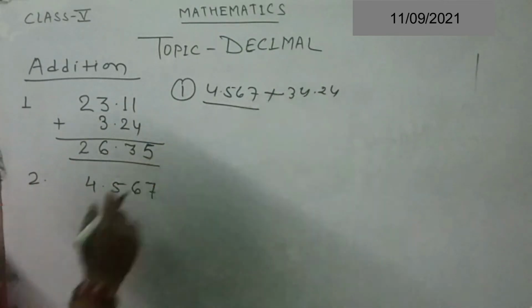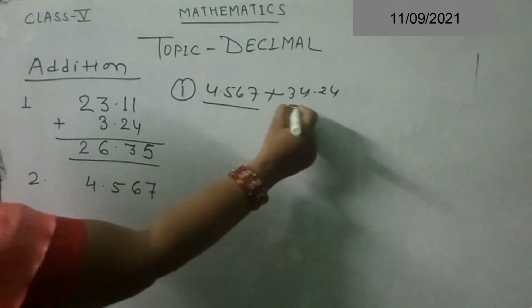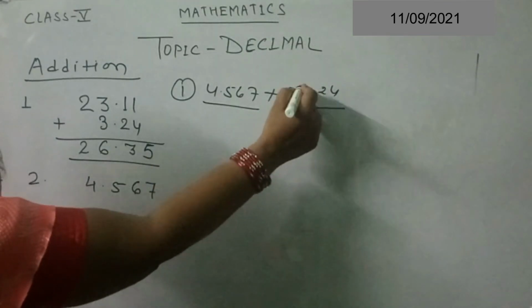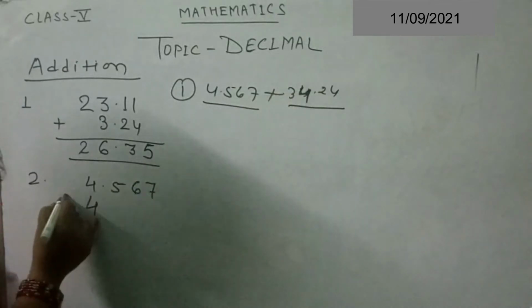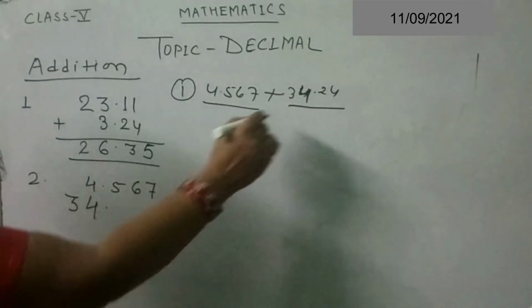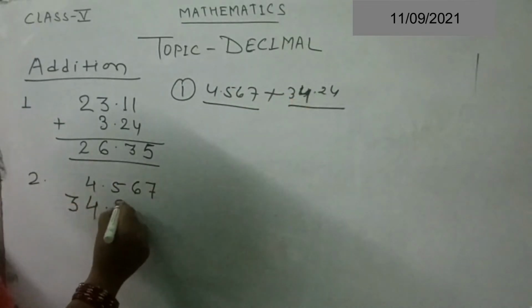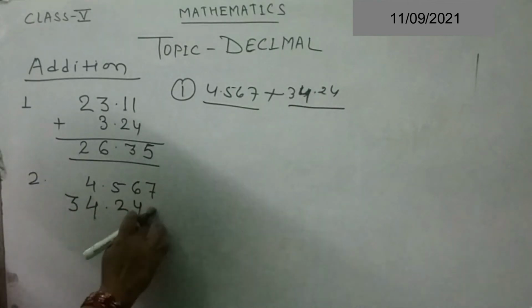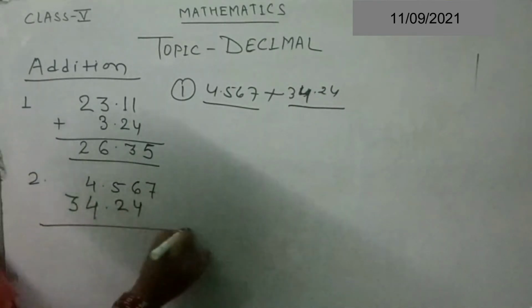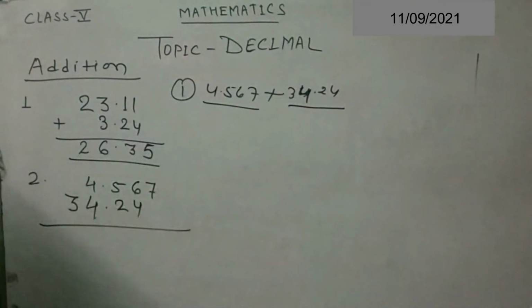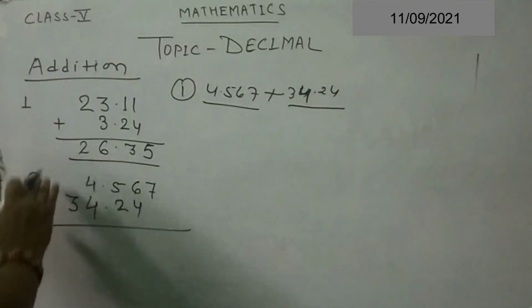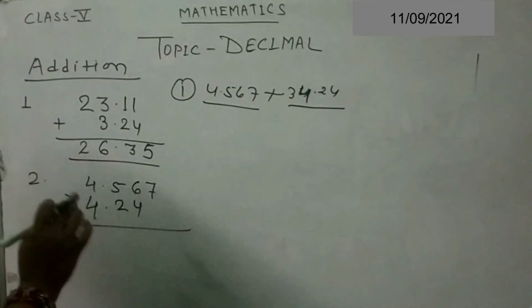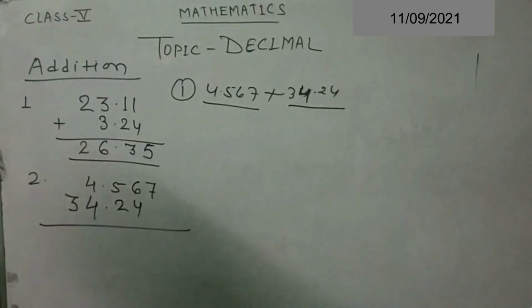In place of ones, what is ones here? 4. 4 is ones, so below you write 4, and in place of tens you write tens. And after the point, what is written? 2, 4. Nothing is written in the other places, so don't write. Now, first what I did here: we write the numbers one under the other with the decimal points lined up.